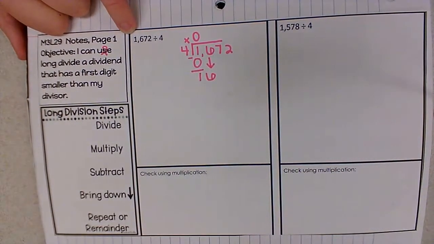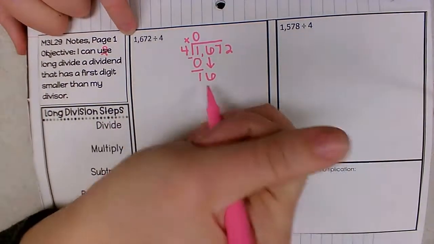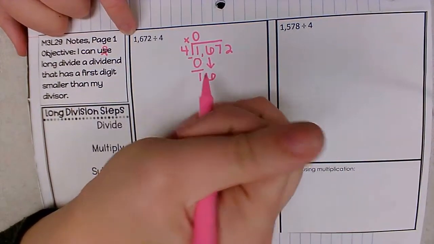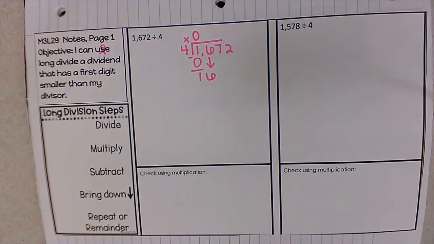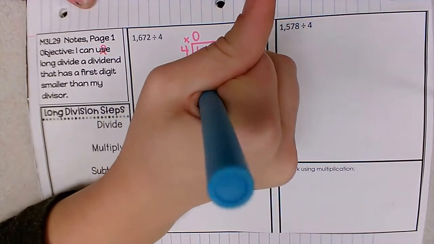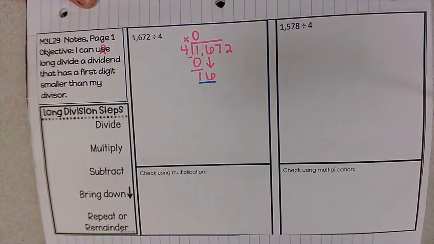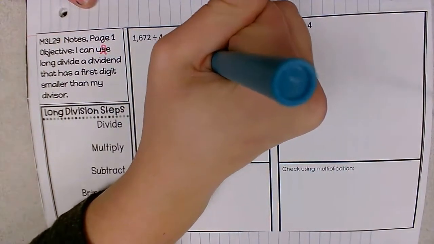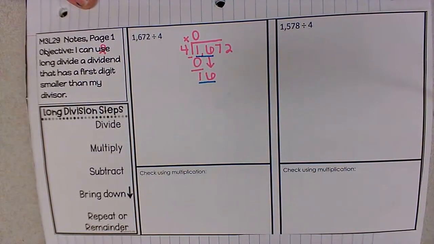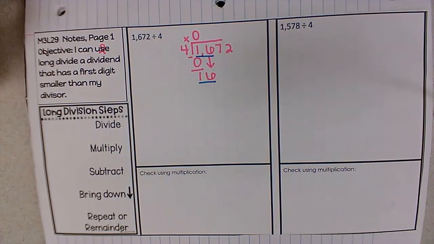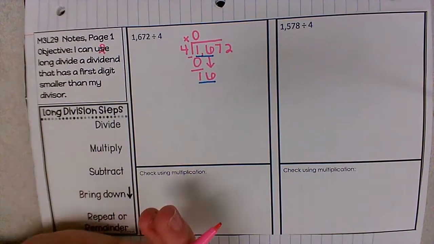All right, now I'm feeling a little bit more comfortable because 16 is a number that's divisible by 4. But do you see what I notice here? The number that I just created is the same as the first 2 digits of my dividend. Interesting. We're going to come back to that thought. Just make a mental note of it.